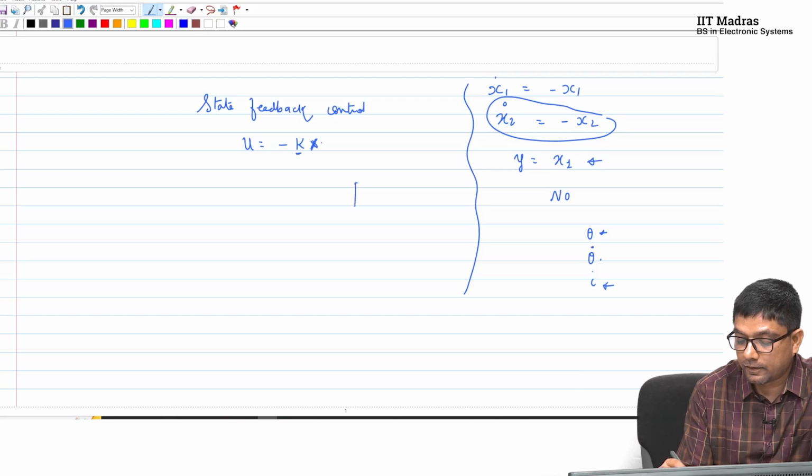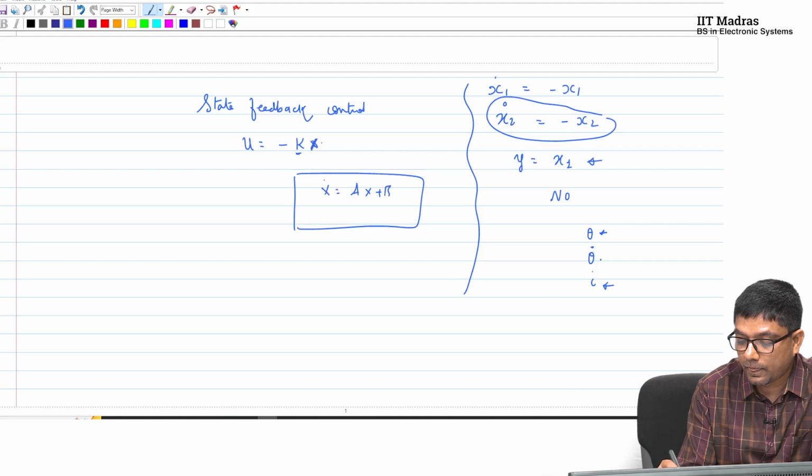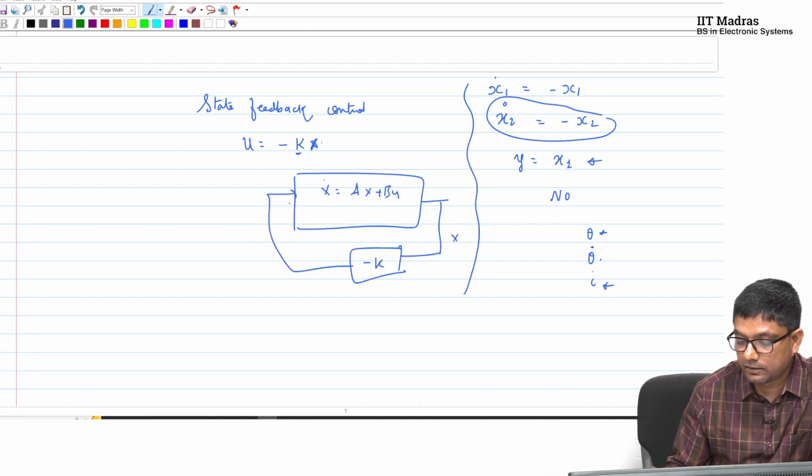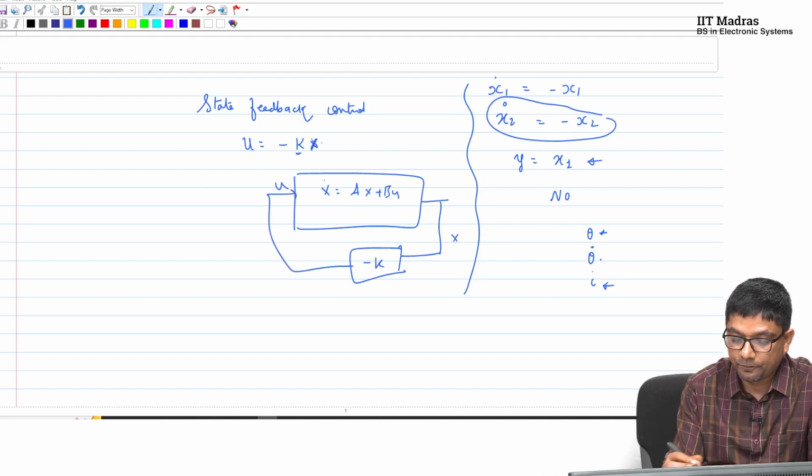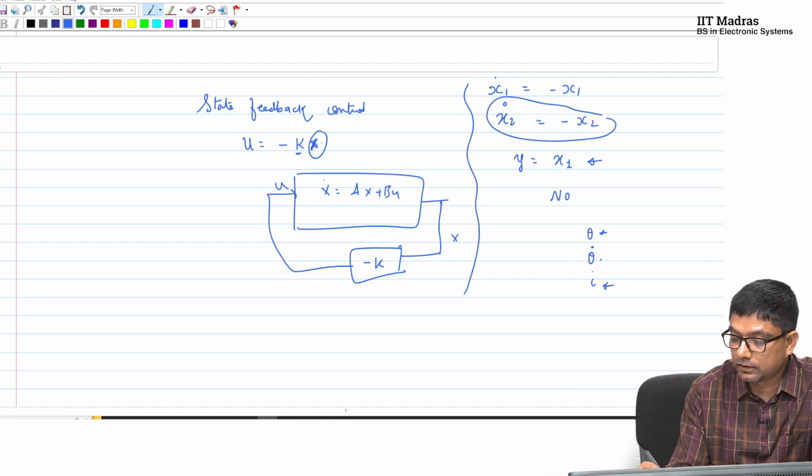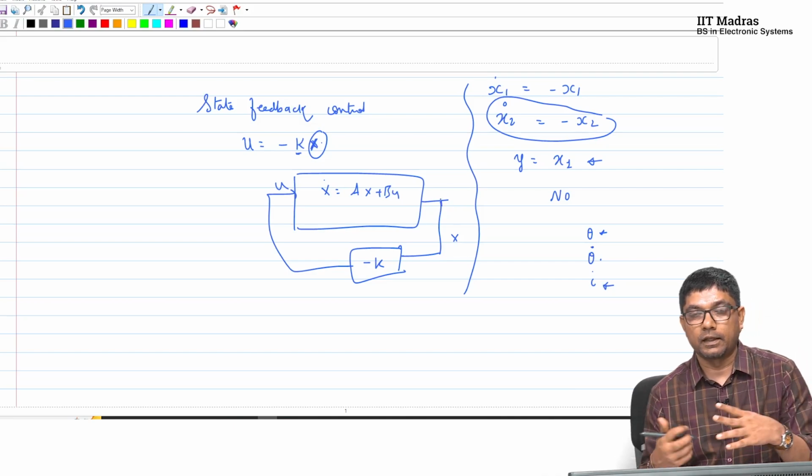I had a system sitting inside here, x dot equal to ax plus bu. The x was fed through a minus k, and it gave me the control law u. So the x has to be fed back all the time.